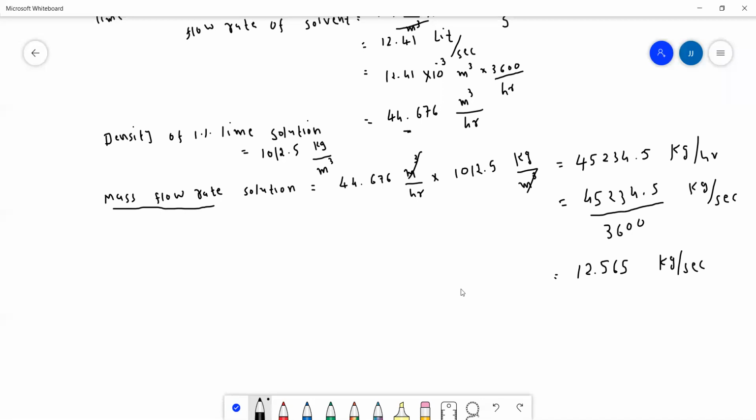We can also convert this mass flow rate into molar flow rate. So we have to multiply by average molecular weight.